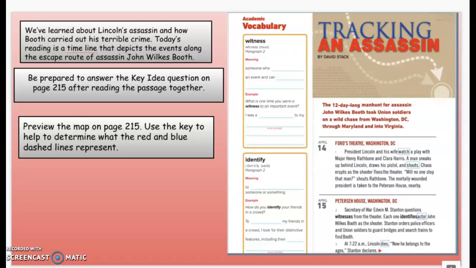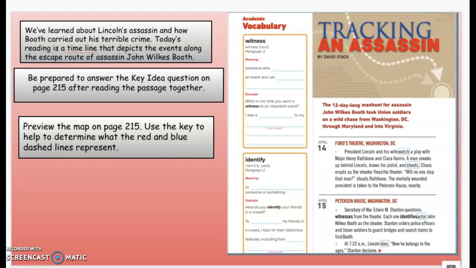All right, so now what we're going to do is read the text and look at a map to gain some information. But let's just backtrack just a second. We've learned about Lincoln's assassin and how Booth carried out his terrible crime. So today's reading is going to be a timeline that depicts the events along the escape route of assassin John Wilkes Booth.